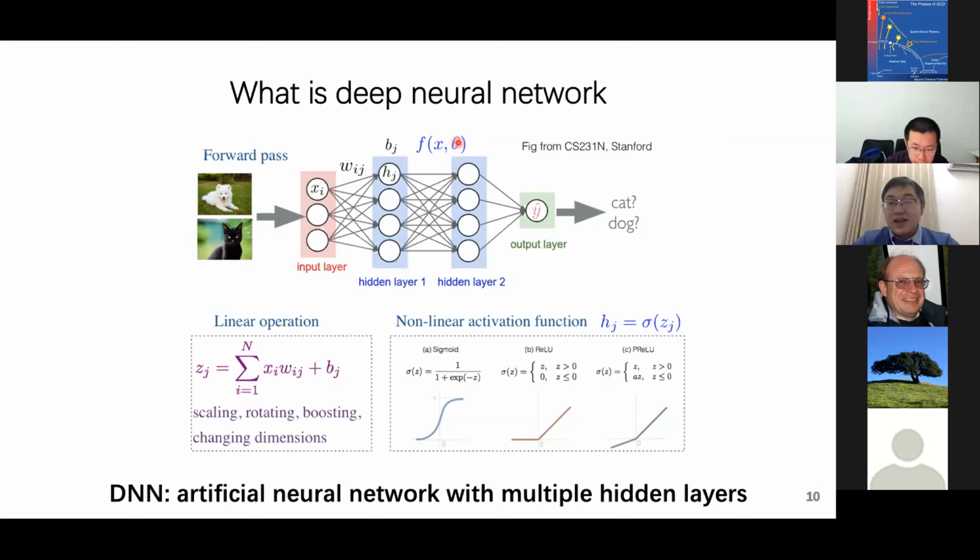So theta represents all the trainable parameters like the Wij or Bj. Initially, the parameters are sampled from random numbers. So this network makes random predictions. It has to be trained.